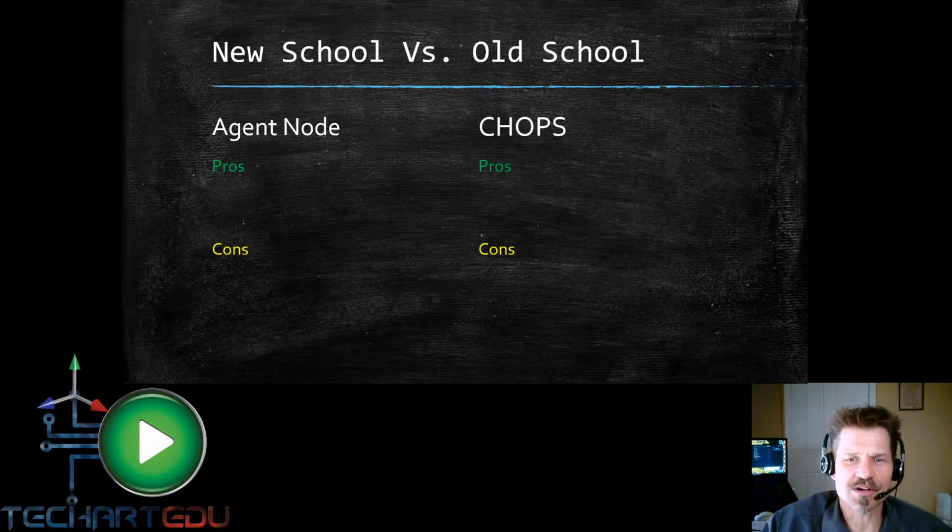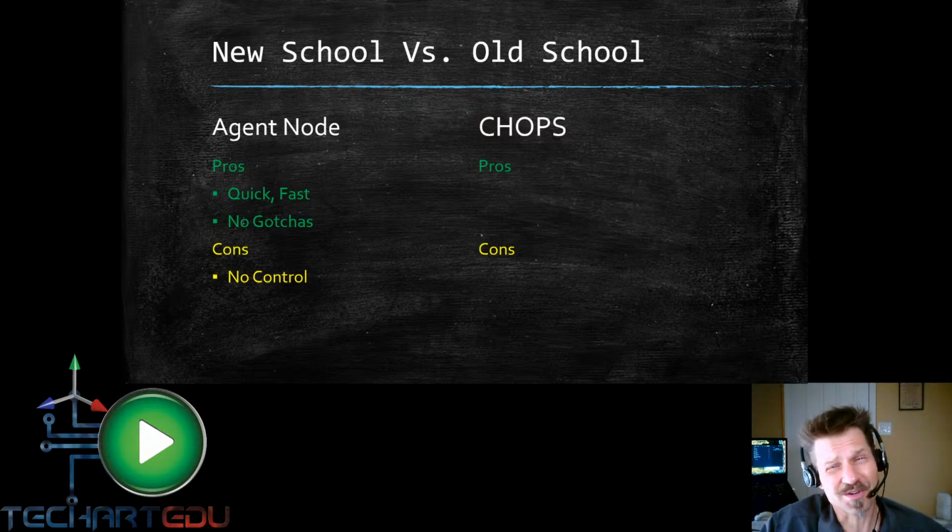But the advantages of working with the agent node are that it's quick and fast, and the gotchas are fewer and further between because the agent node takes care of most of them for you. But it's not perfect. The con is that you have no control, meaning it's a black box.